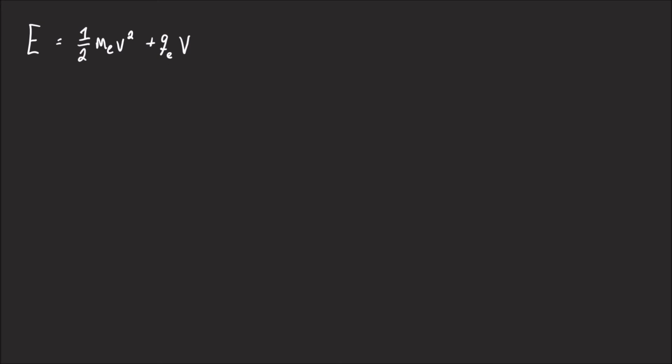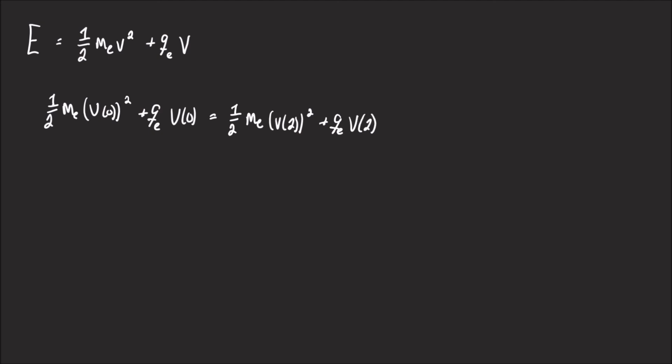By conservation of energy, we must have that 1/2 m_e v of 0 squared plus q times the potential at 0 equals 1/2 m_e times v at 2 squared plus q_e times V of 2.